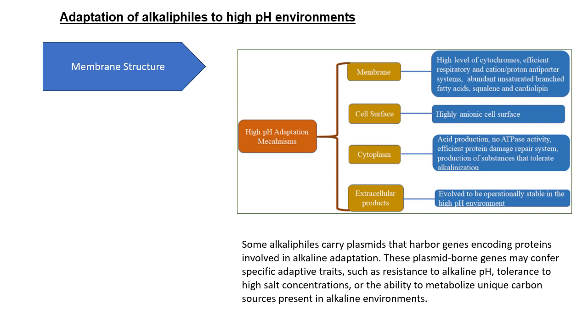This may include alteration in the lipid composition of the cell membrane, such as increased levels of branched chain fatty acids and changes in the ratio of saturated to unsaturated fatty acids. So there is alteration in the lipid composition of the cell membrane that makes it easy for these bacteria to survive in high pH.